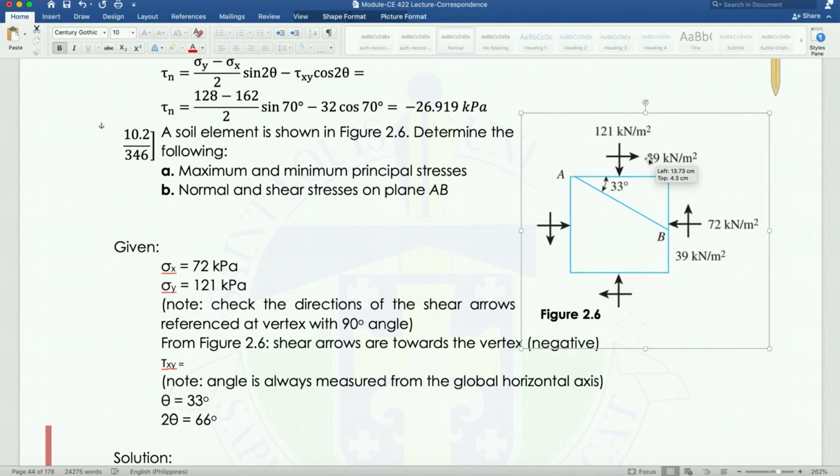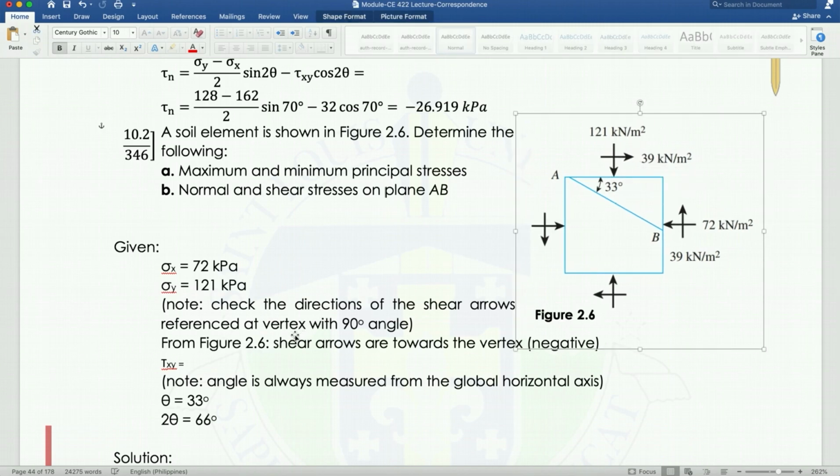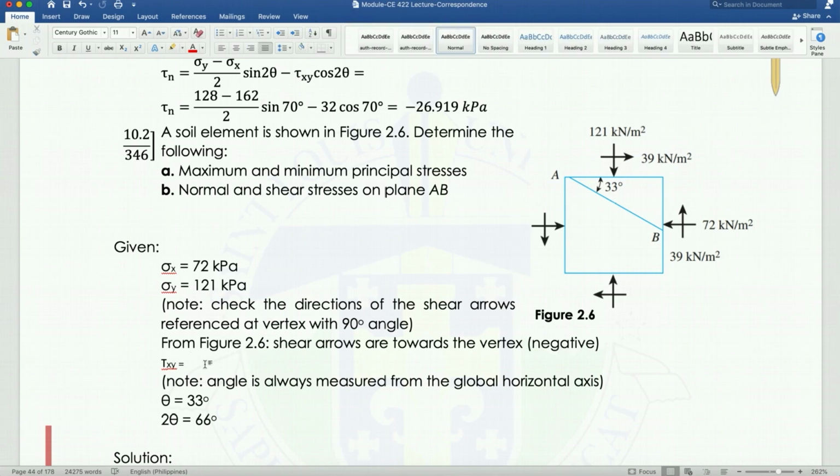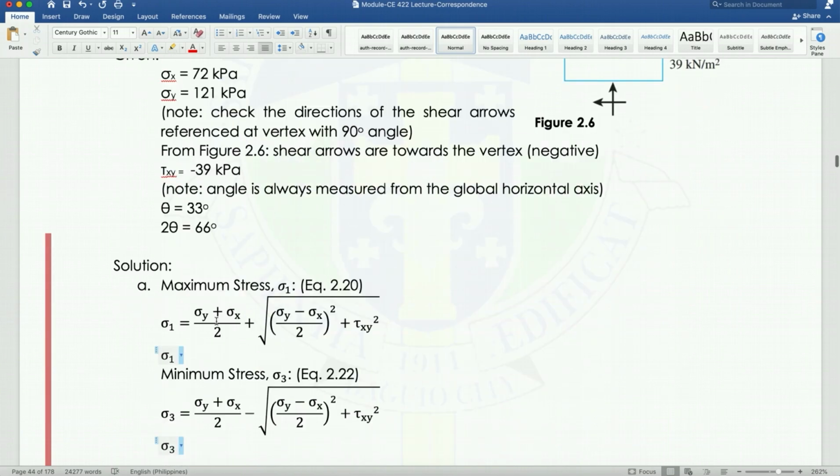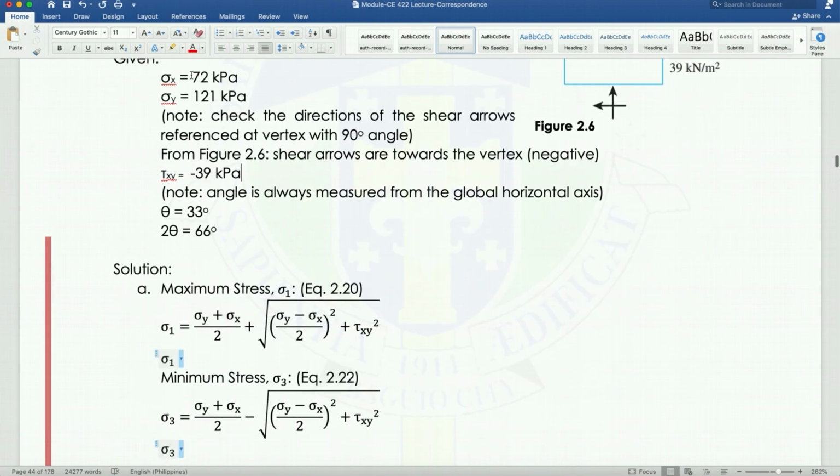Therefore, our tau xy is negative 39 kilopascals. Okay, so we can now proceed with our solution. So maximum and minimum principal stresses. So this is our working equation. Since we know our values, we can now proceed with the solution.